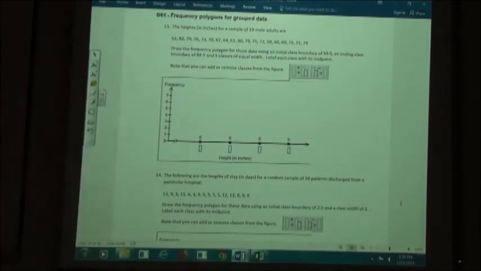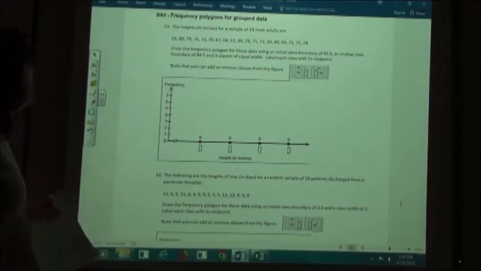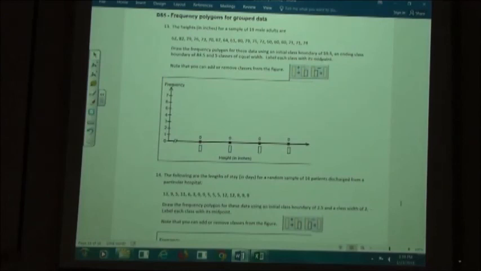Draw the frequency polygon for these data using an initial class boundary of 59.5, an ending class boundary of 84.5, and 5 classes of equal width. Label each class with its midpoint. So on your histogram, you're labeling the endpoints. On your frequency polygon, you're just labeling the midpoints of each section. However, you have to find the midpoints of each section.